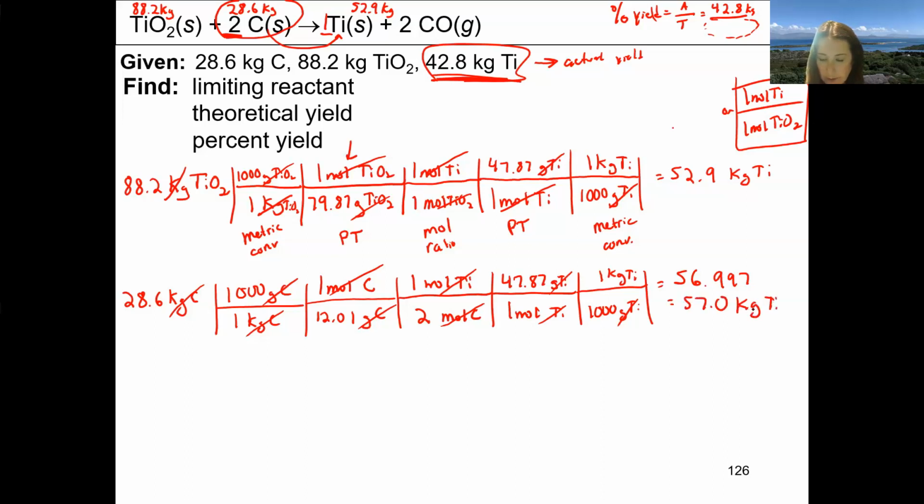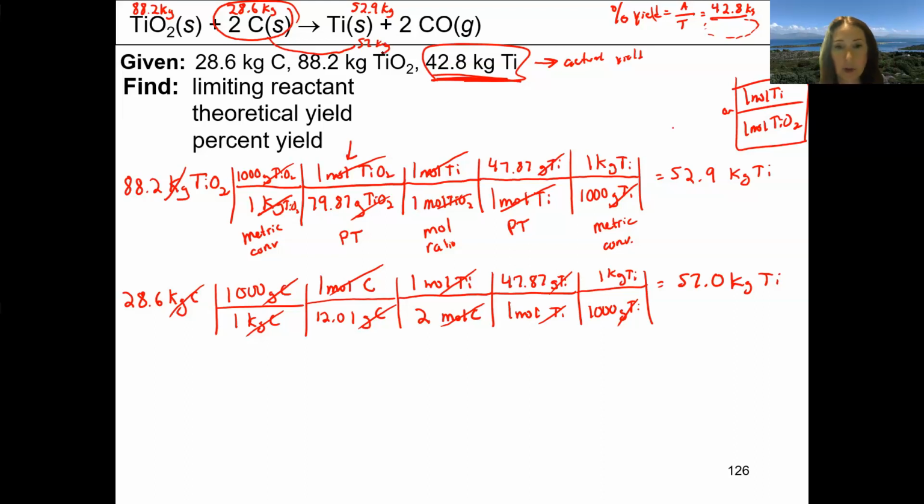With 3 sig figs. Okay, so what did I just do? So if I use all 28.6 kilograms, I can make 57 kilograms of TI. Now, both of these aren't real, right?